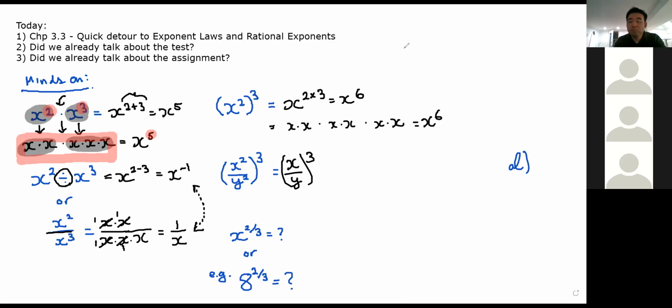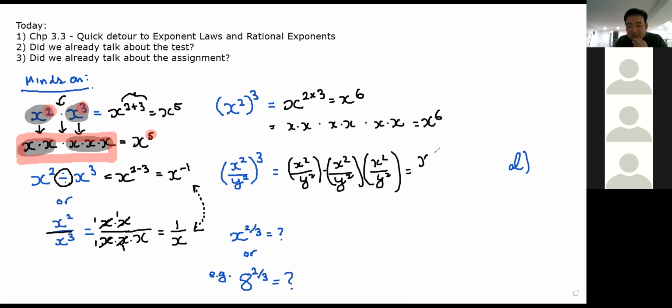Yes. Careful. Let's write out what you told me up here. This is the same as x squared over y squared multiplied by x squared over y squared multiplied by x squared over y squared. So it's x to the power of 6 over y to the power of 6.